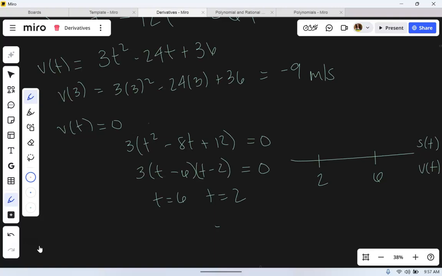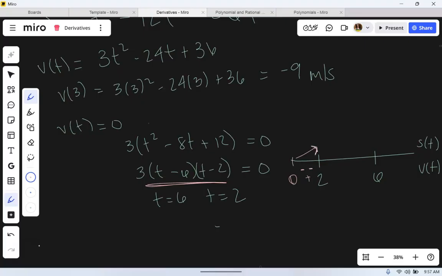All right, so remember I'm plugging into velocity to tell the sign of velocity to tell what the particle is doing. So if I plug in 1, and remember I start at 0 here, I get a negative times a negative, which is a positive, so I'm moving to the right.